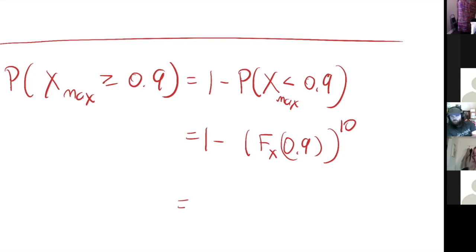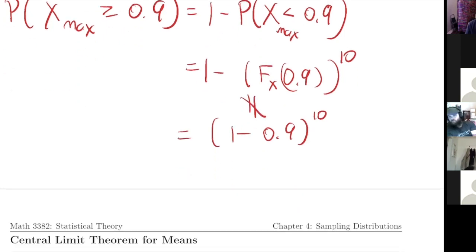And the question was, is this equivalent to saying this? Mathematically, those are not the same statements. So these two are not equal, but to see the theory about why, each one of these things individually is really saying 1 minus the probability that x is less than 0.9.